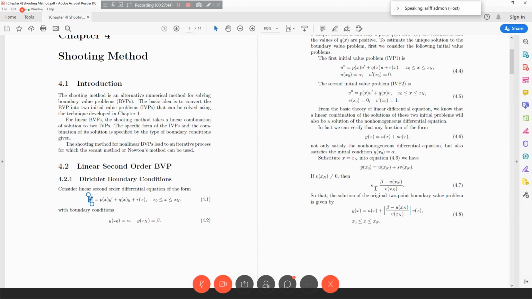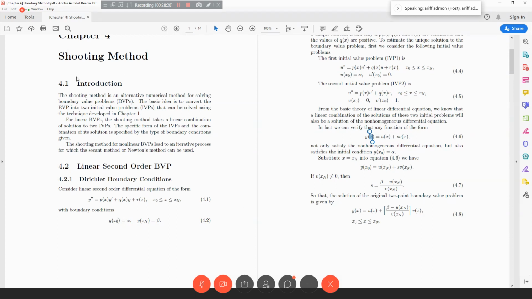This solution also satisfies your boundary condition, here the first boundary condition, y(x0) = alpha. So simple. Let's say this x you substitute by x0, so here becomes x0, here also becomes x0. Now y(x0), what is the value of y(x0)? It should be alpha.